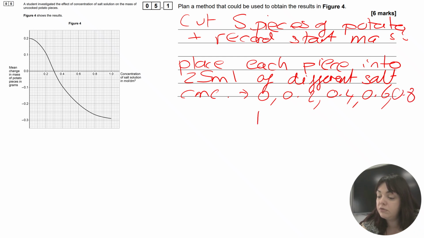Oh, actually, that's 6 pieces of potato. Right, 6 pieces of potato in different salt concentrations.